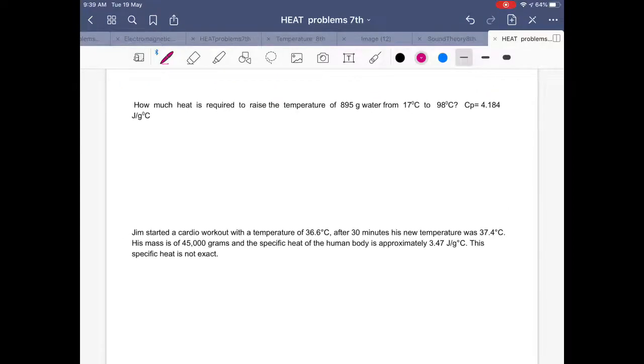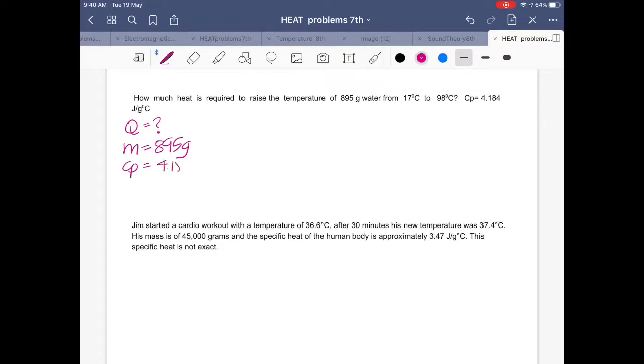The next one: how much heat is required to raise the temperature of 895 grams of water from 17 degrees to 98 degrees? So, we want heat equals question mark. We have a mass of 895 grams. We have a specific heat of water, which is 4.184 joules over grams per degree Celsius. Temperature 1 and temperature 2: 17 degrees Celsius and 98 degrees Celsius.